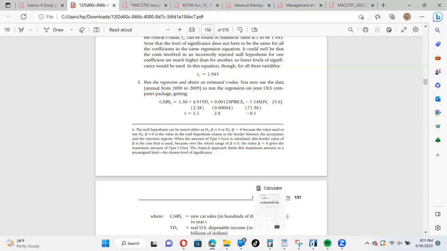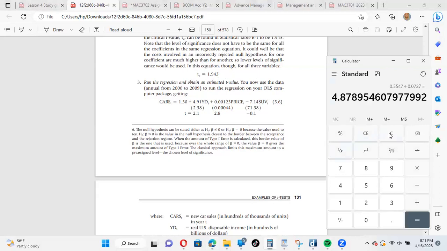So this is what we do now on the calculations. We calculate these t values which we calculated previously, which is 4.91. We divide that by the standard error, which is always in the brackets. This gives us 2.063, which is basically 2.1.